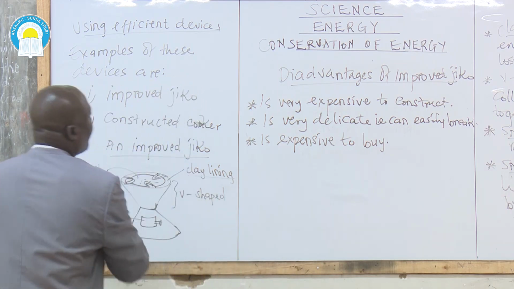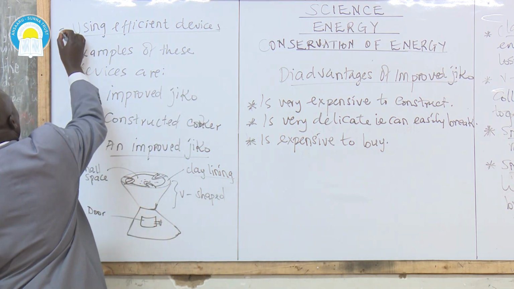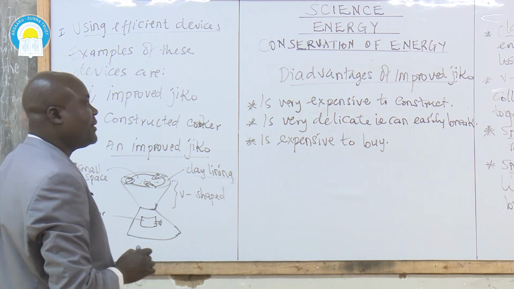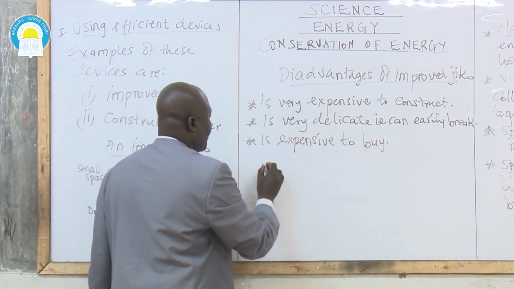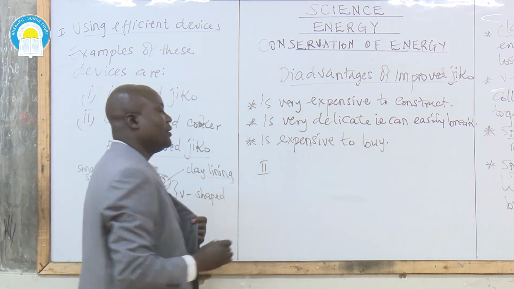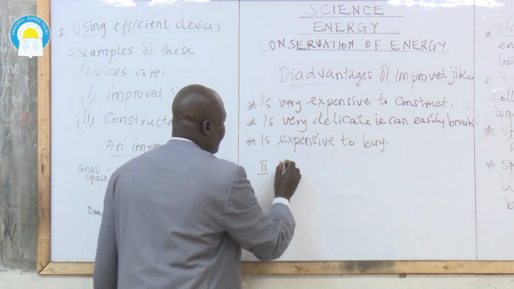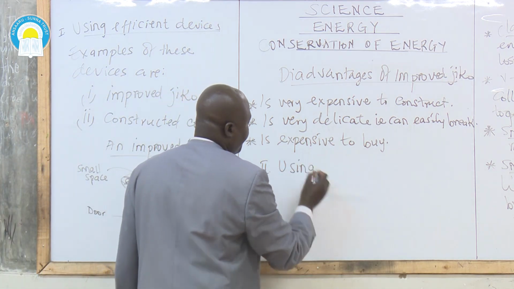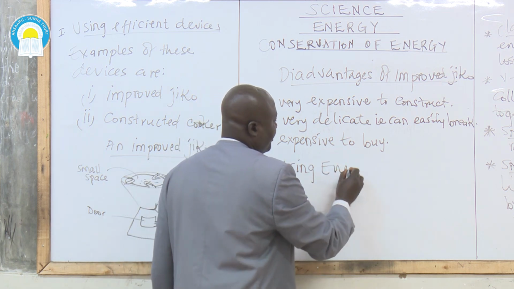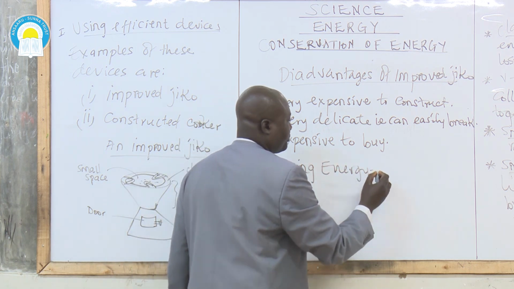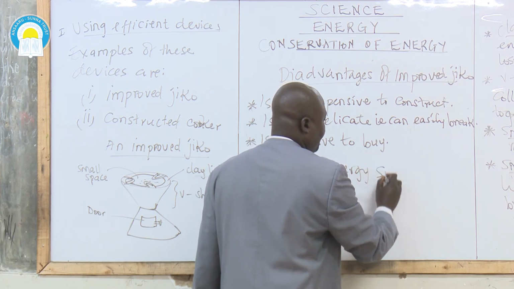This was number Roman 1, using energy saving devices. We go to Roman 2, using energy sparingly.